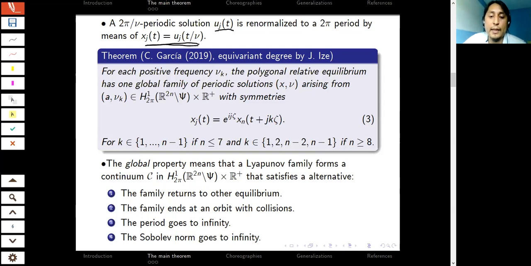The frequency is now an explicit parameter of my equation. This is my family, and it arises in this space: the Sobolev space of 2 pi periodic functions with one Sobolev derivative in the product of the planes for the vortices, and the frequency is just a real number. And the symmetries of that family of periodic solutions are going to be this symmetry.